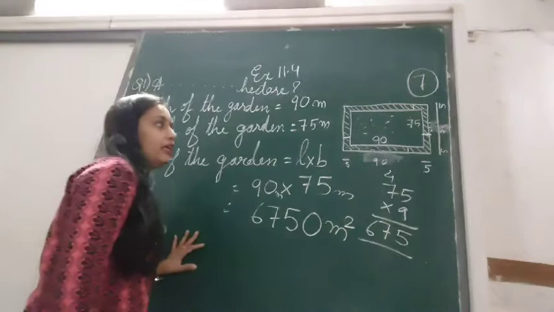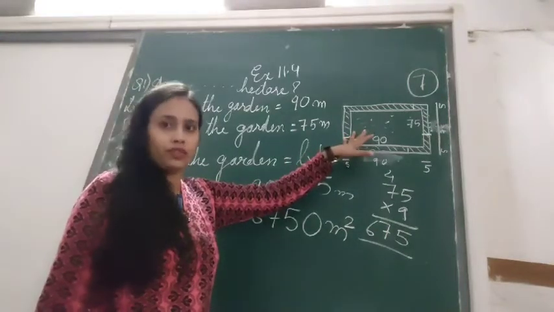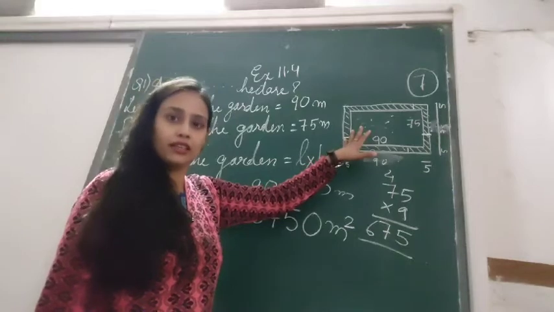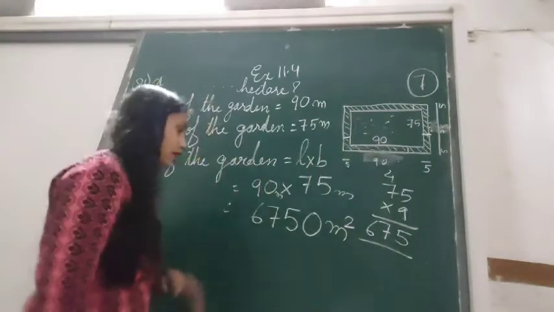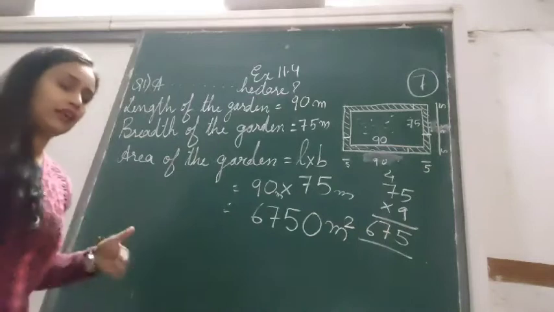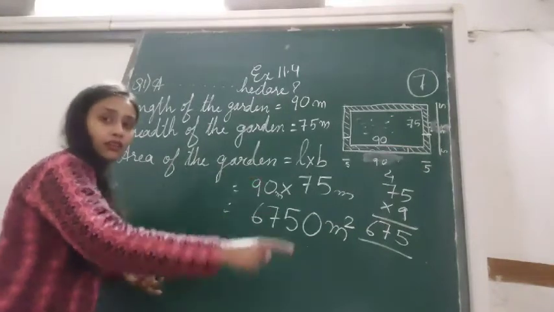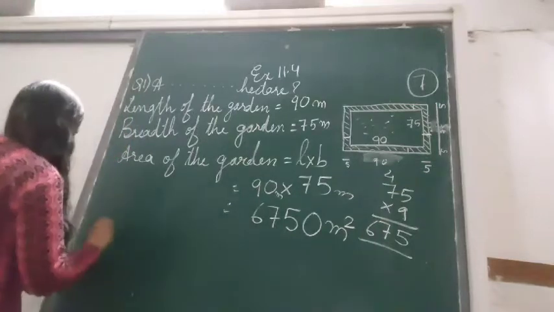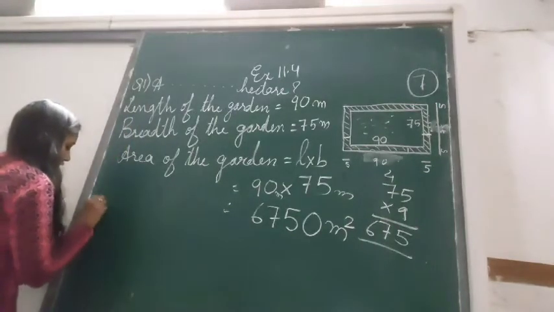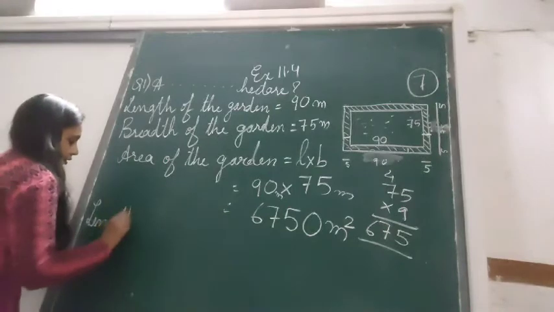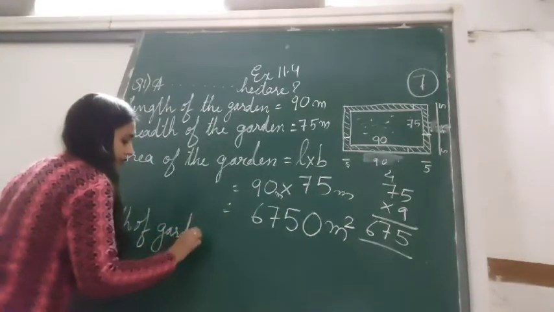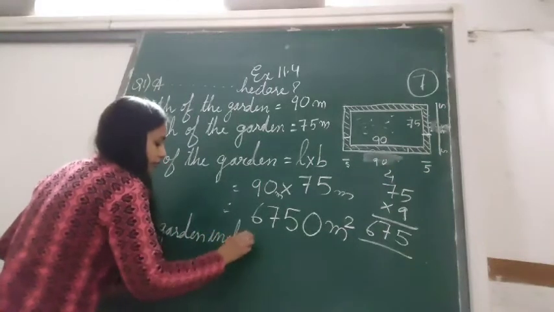Now we have to find the area of the garden along with the path. For that we need to know the length and breadth of the garden along with the path. So let's start. Now we'll write the new length and the new breadth, including the path. So we write length of the garden including path.